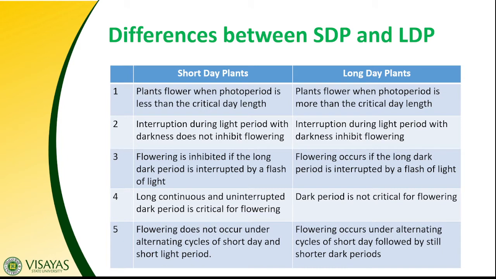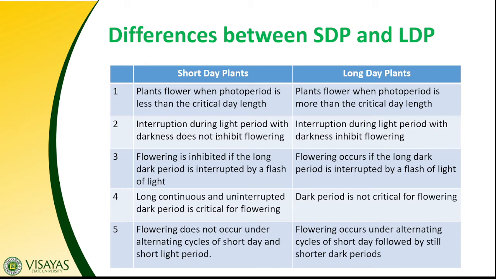So we have here the summary of differences between SDP and LDP. Short-day plants flower when the photoperiod is less than the critical day length, whereas LDP flowers when the photoperiod is greater than the critical day length. As I mentioned a while ago, this critical day length serves as a boundary for the inductive and non-inductive ranges of photoperiod.